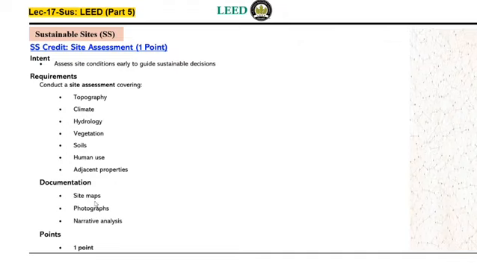Documents required are site maps, photographs with time and date stamp, and documentation also includes narrative analysis. By complying, we can earn 1 point.